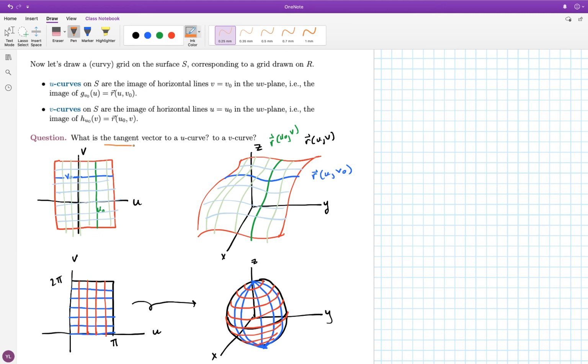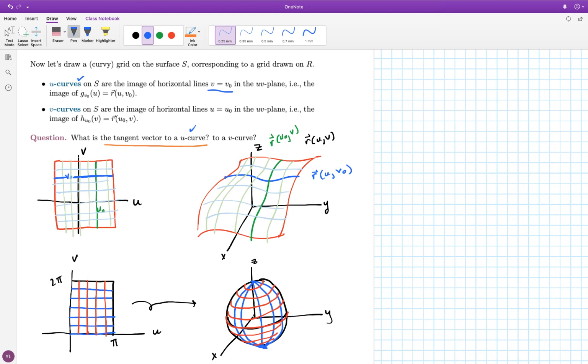Now let me try and answer the question that's asked here. What is a tangent vector to a u curve? Let me come to either of these images. Let me start with the u curve. When I fix a v value, the u parameter is allowed to vary over the parameter space. So when I fix a v value, I'm defining a u curve. These are curves on the surface that come from lines that are parallel to the u axis.